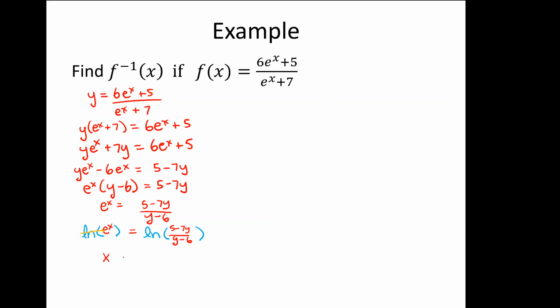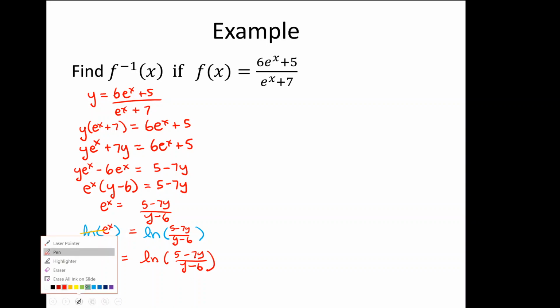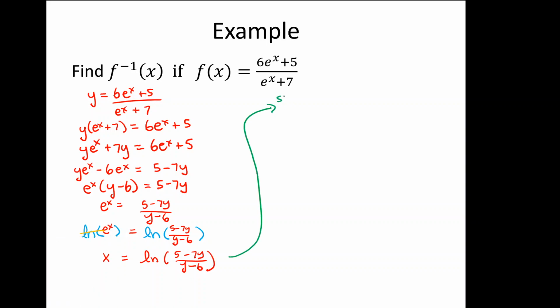So we have x equals the log of 5 minus 7y over y minus 6. Now we're going to do a swap of x's and y's. So we have y equals the log of 5 minus 7x over x minus 6.